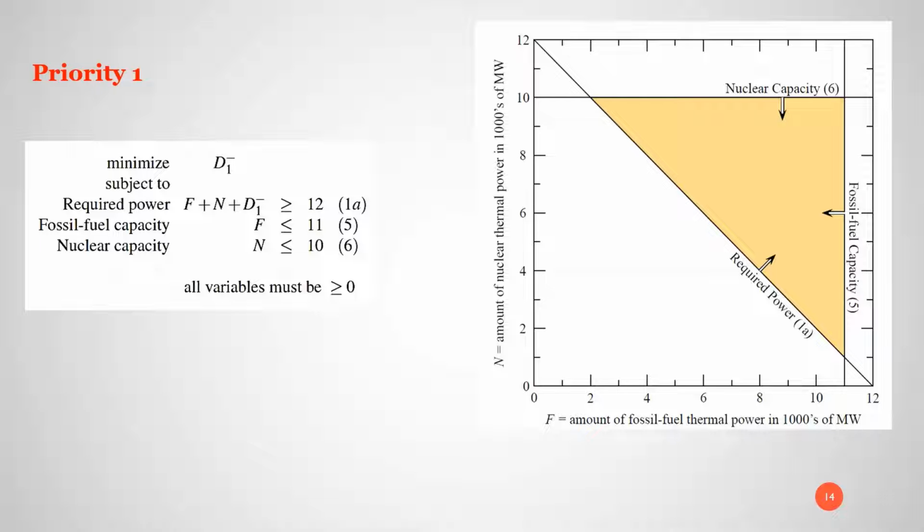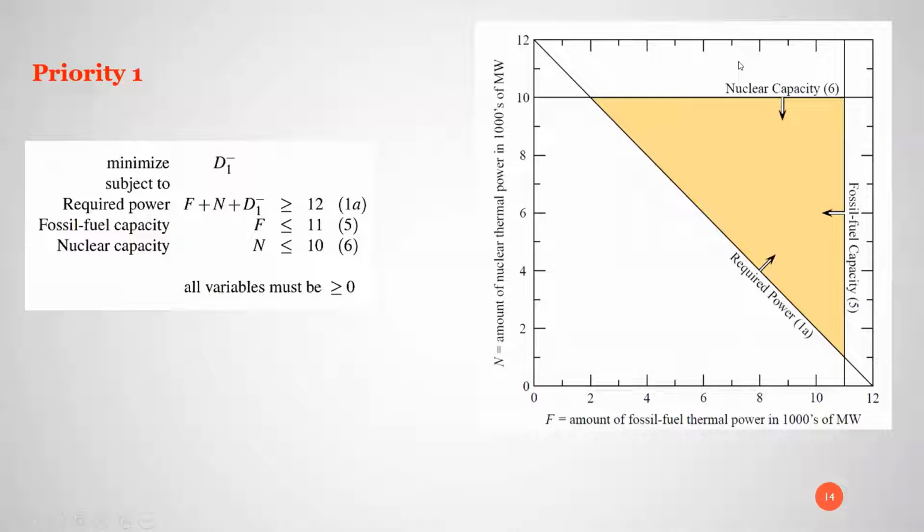Let's assume that f plus n is greater than or equal to 12. The reason for this is that I have considered d minus 1 as my goal and implemented it in the model.